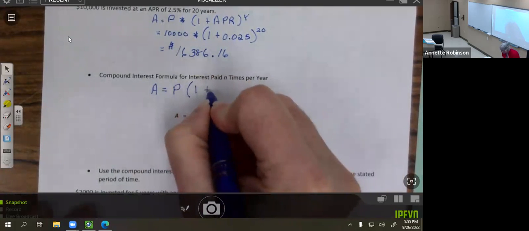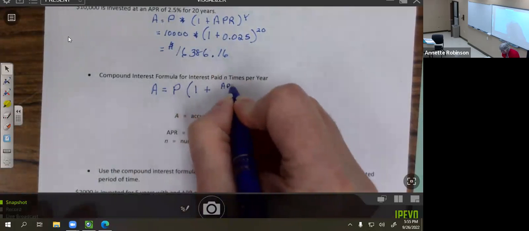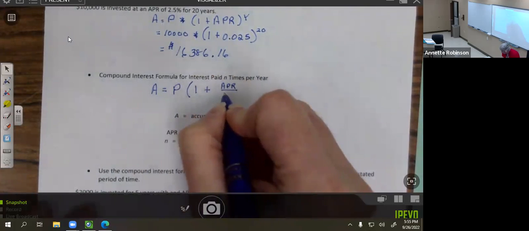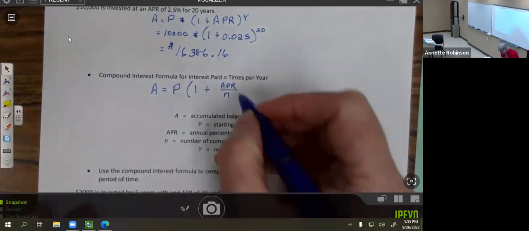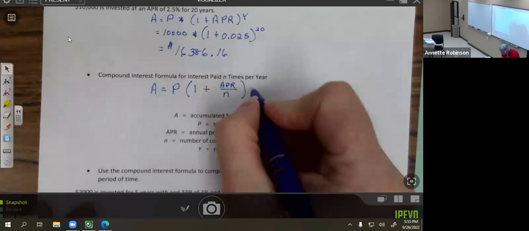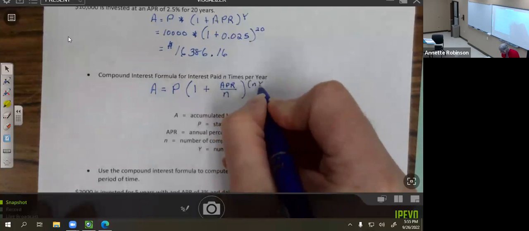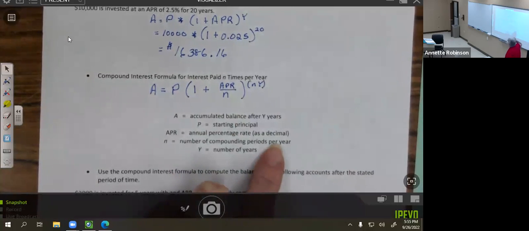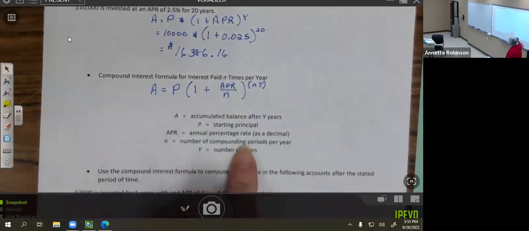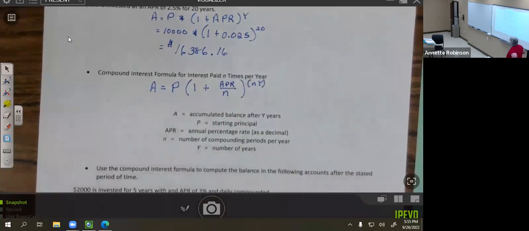The only difference is our APR has to be divided by the number of compound periods per year, and that's raised to the N times Y. So again, N is the number of compound periods per year. Y is the number of years. APR is your annual percentage rate that's got to be changed to a decimal.